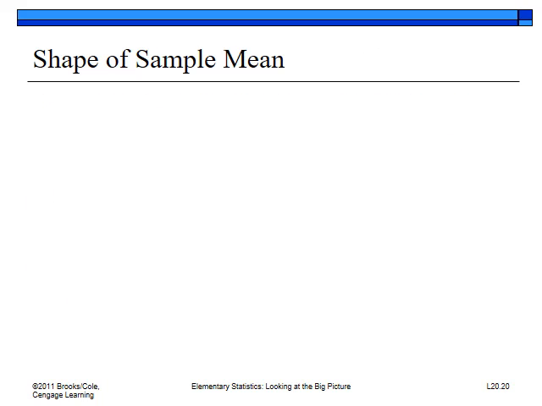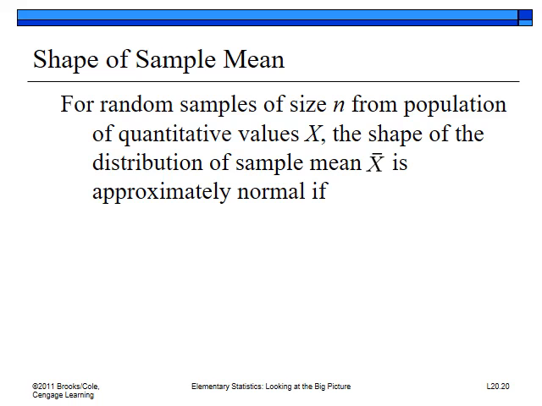So what can we say about the shape of this distribution? Well, we will be able to say that the shape of the distribution of sample means is approximately normal if one of these holds. If X itself is distributed normally, then the mean of samples will also be normal.